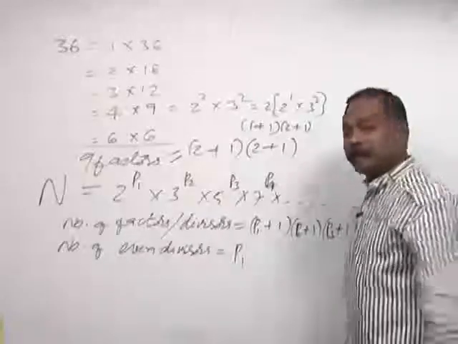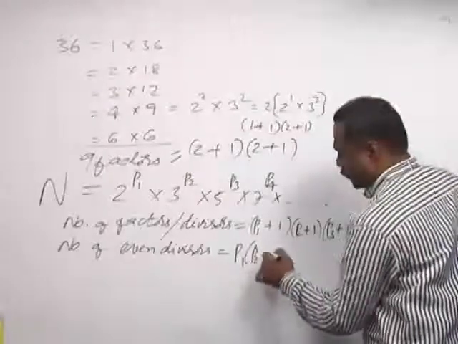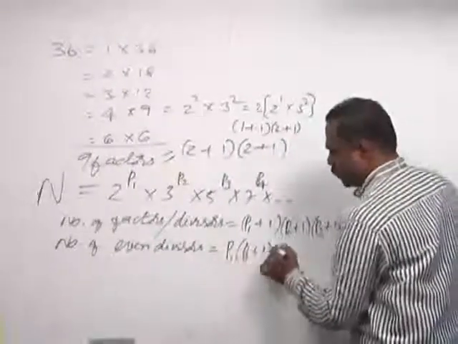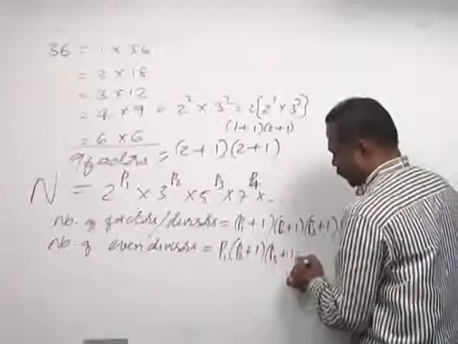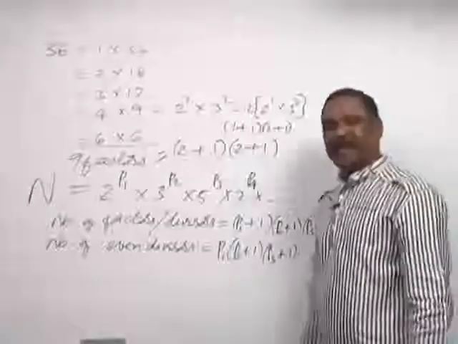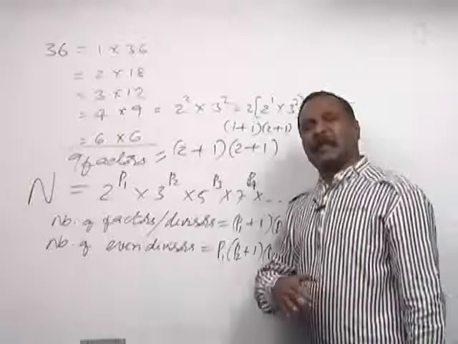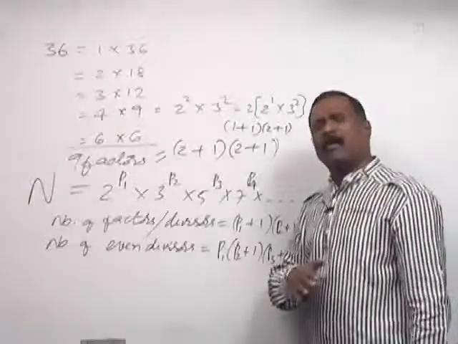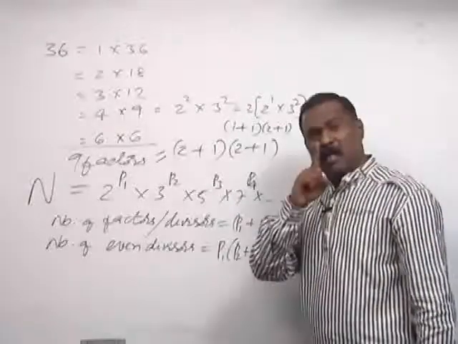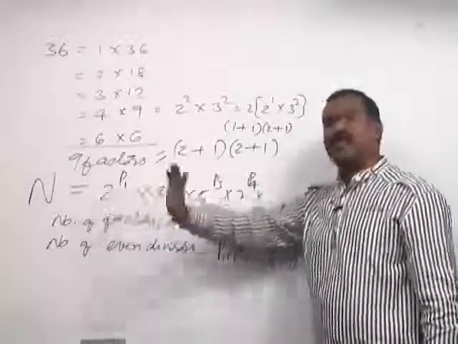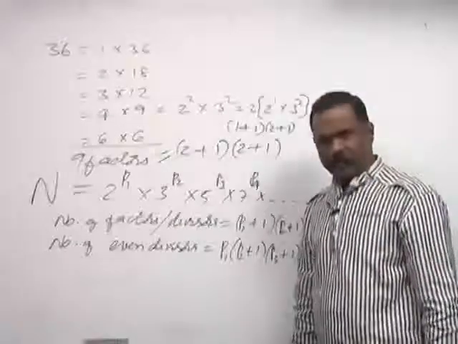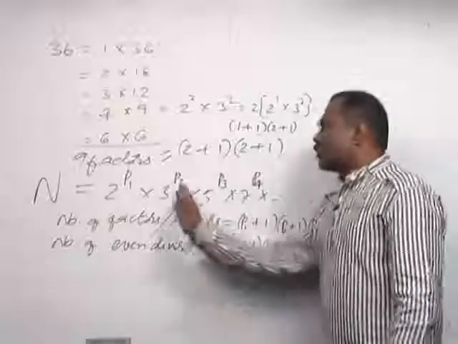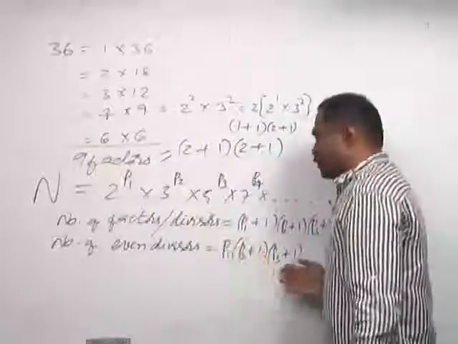P1 into P2 plus 1 into P3 plus 1 and so on. Because among all the prime numbers, only one prime number is even. You know that it is only 2. That is why we have taken 2 and we have written the number of even divisors.